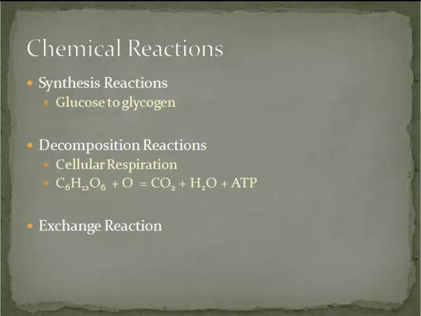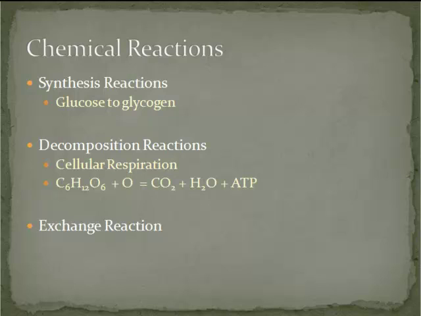Then there are also decomposition reactions, and this is the exact opposite. You could put the example here: when your body takes glycogen from the liver, breaks it down into glucose, and releases that into the bloodstream, that would be a decomposition reaction. Another very important decomposition reaction that goes on constantly inside our body is cellular respiration. This is how our body gets the energy that we need.